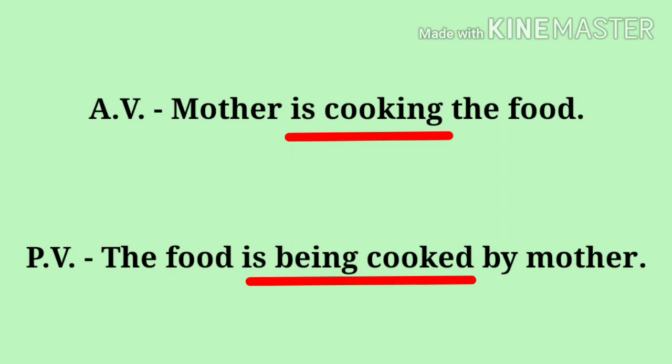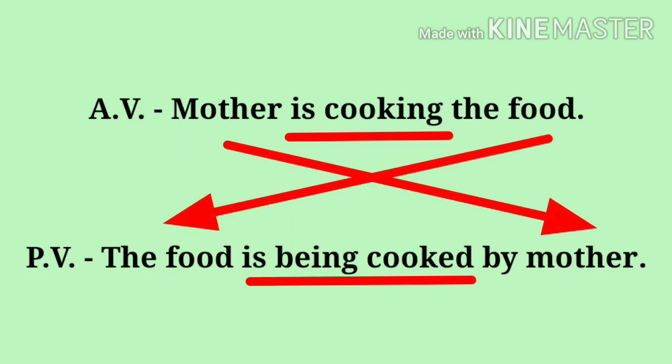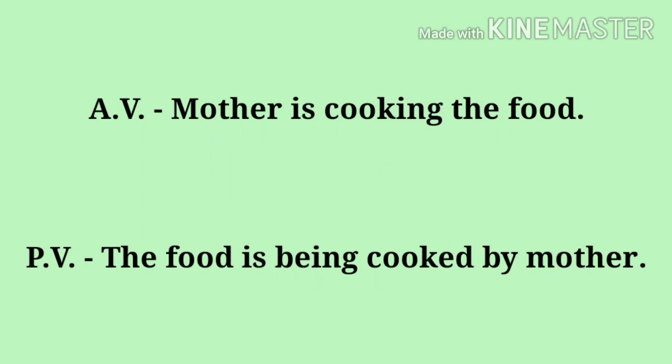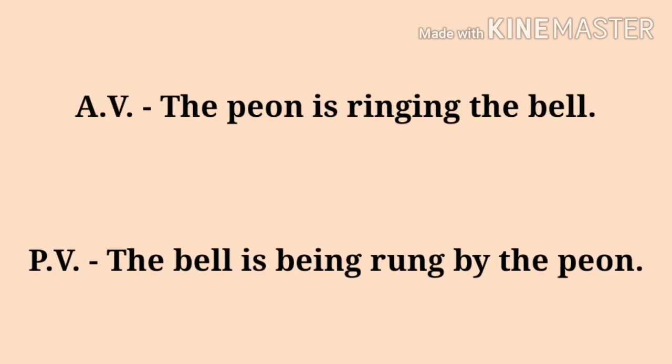So here the subject and object interchange: mother, which is the subject in active voice, becomes the object in passive voice, and the food, which is an object in active voice, becomes the subject in passive voice, and the sentence becomes the food is being cooked by mother. So this was how to change from active to passive voice if the sentence is in present continuous.